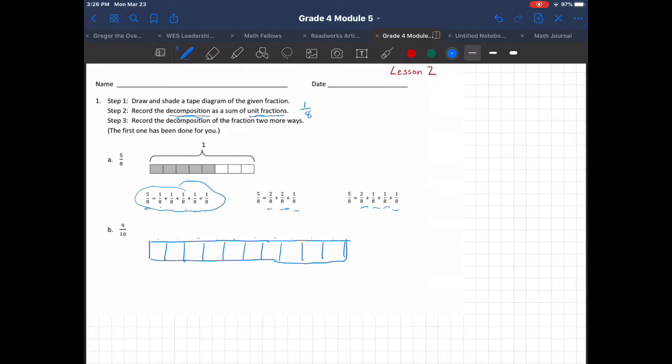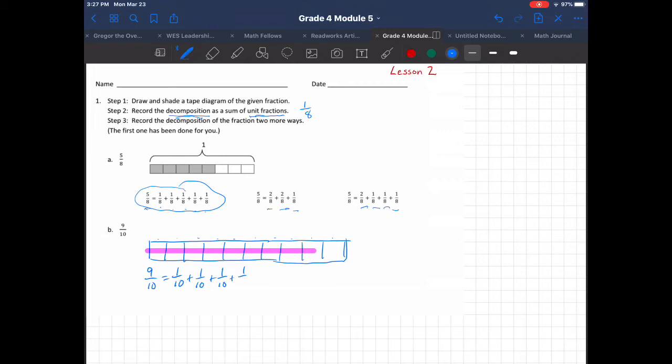Okay, so now I need to shade in 9 of them. 1, 2, 3, 4, 5, 6, 7, 8, 9. And first I have to show that 9/10 equals a whole bunch of 1/10. These are your unit fractions. And I'm going to have to do how many of these?